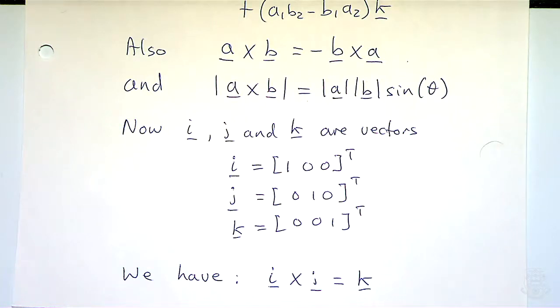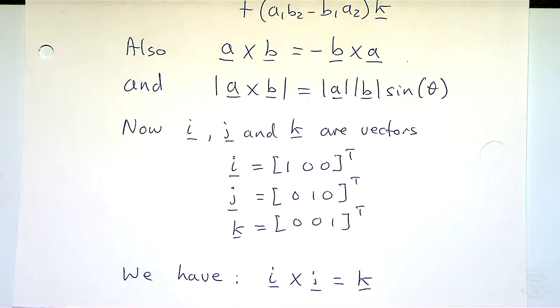Because if you remember from doing this in maths, the cross product of two vectors gives you another vector at right angles to those two vectors, doesn't it? And you use the right-hand rule. So you remember doing the right-hand rule where you put this finger out in this direction and this one in this direction. And so if these are the two vectors you're multiplying, your thumb points in the direction of the new vector you get.